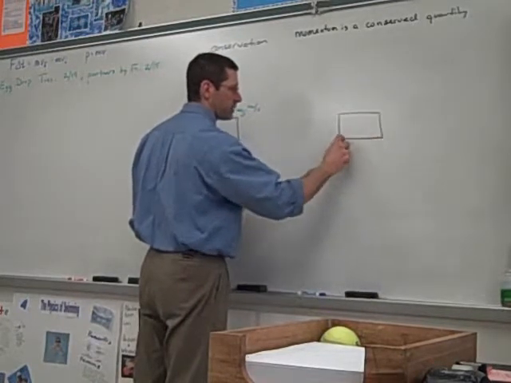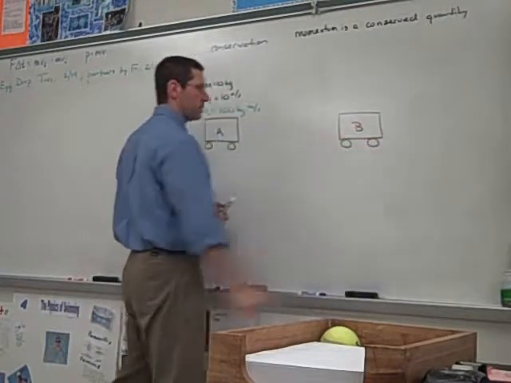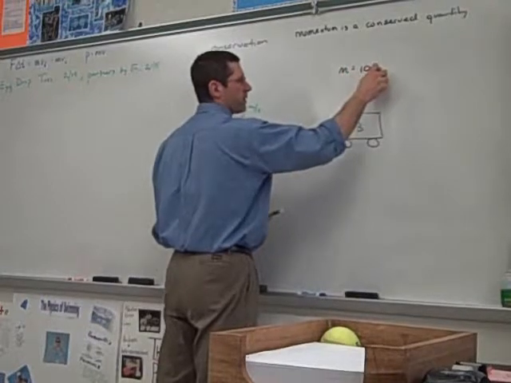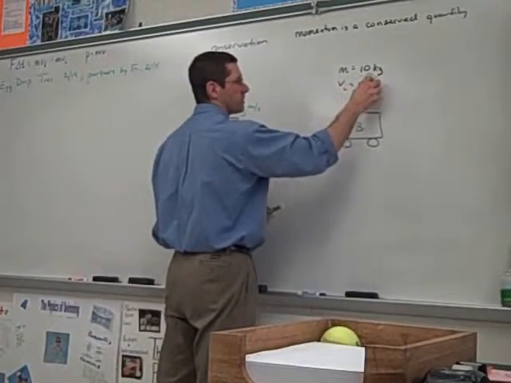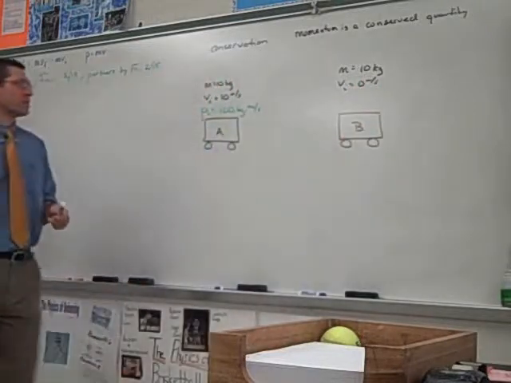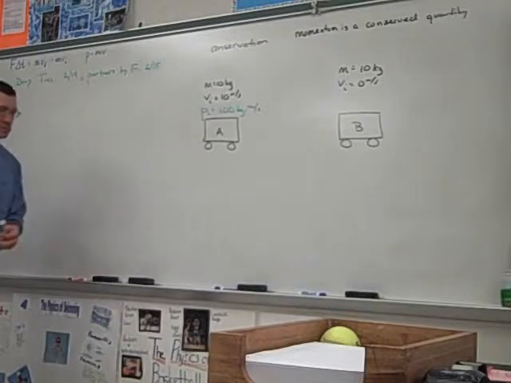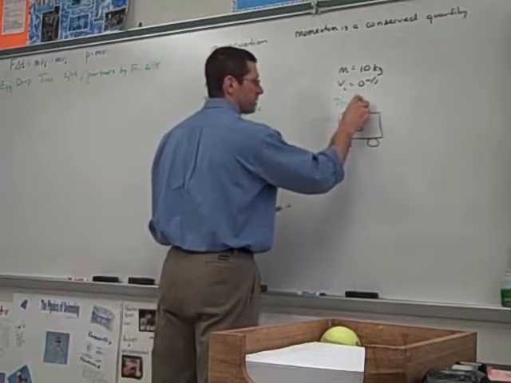But now, as it's moving further down its path, there's cart B in the path of cart A. Cart B has a mass of 10 kilograms as well, and it is at rest. So what is the momentum of B? Zero. Right, so the momentum of B initially is equal to 0.